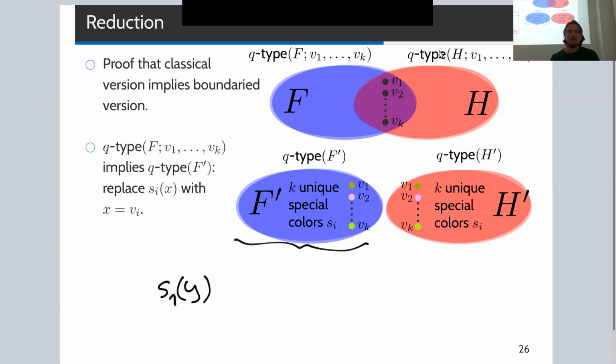So it contains an atom which says y should have color S1. But then this is the same as saying that y should be equal to x1, because only the vertex v1 has this color S1. And this is something, y equal to x1, that is in the Q type of F.